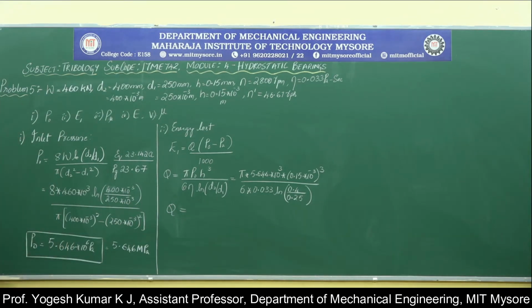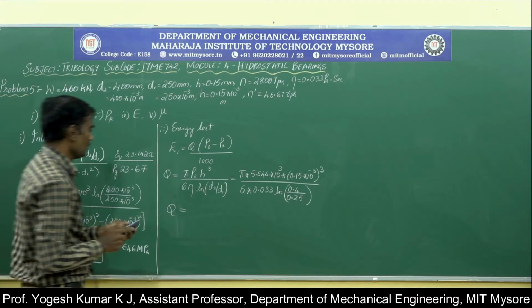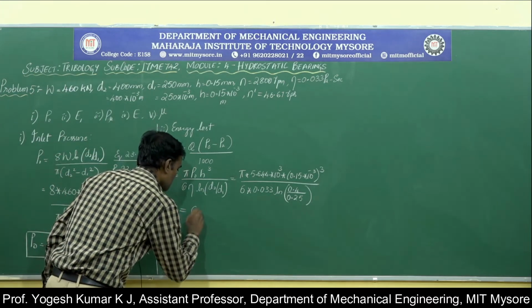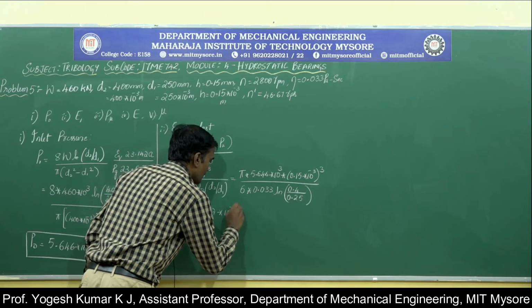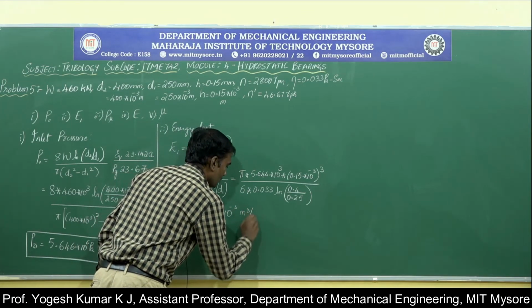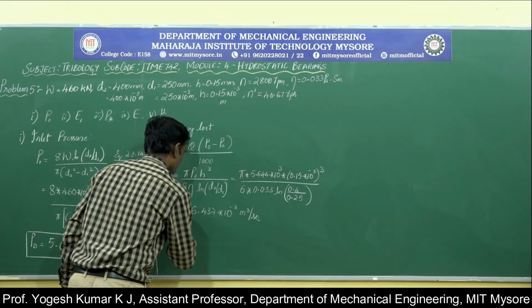On calculation we get Q as 6.437 into 10 power minus 3 meter cube per second.